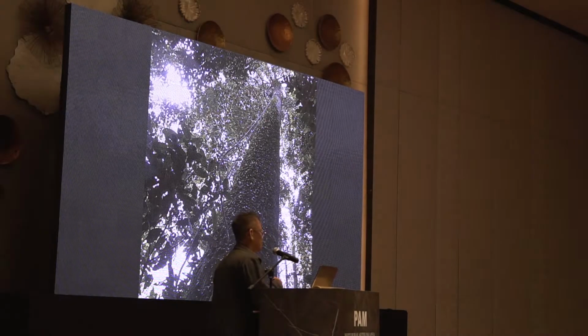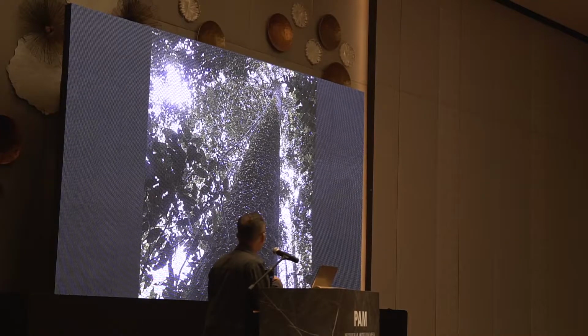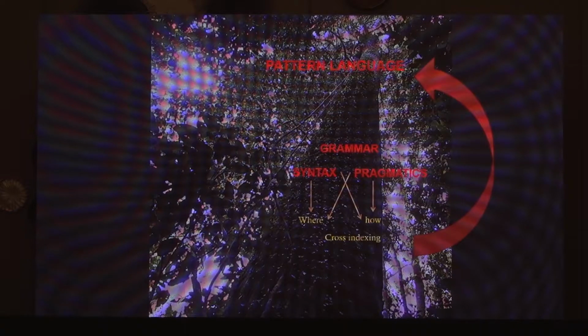So I go a bit into philosophy here, very quickly. Pattern language: in any language you have the grammar, the syntax, and the pragmatics, the where and the how. When you cross-reference them, cross-indexing, you create a pattern language.